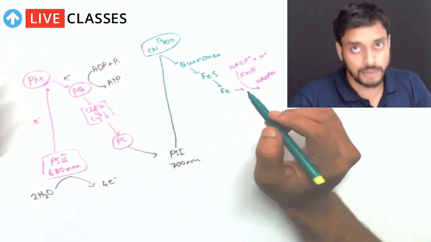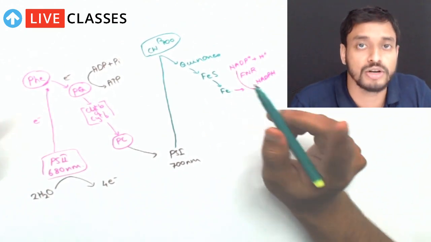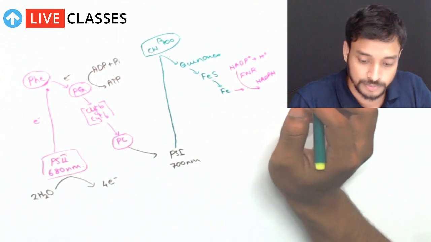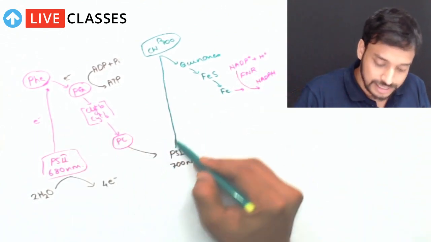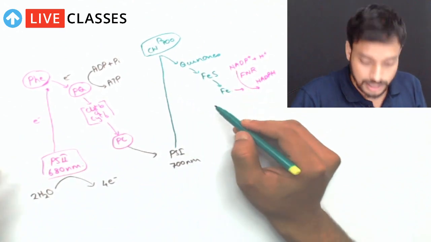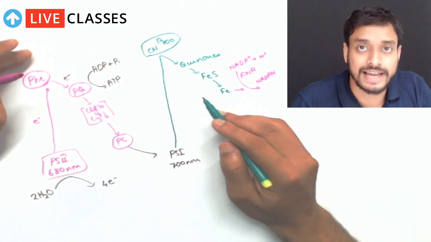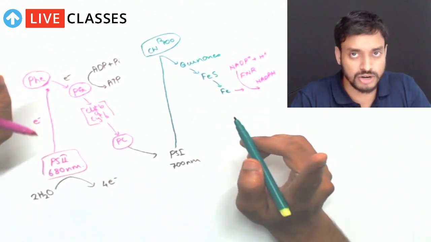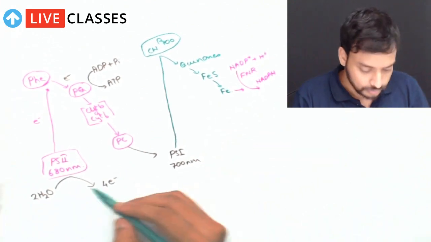Now we will talk about two important processes, cyclic photophosphorylation and non-cyclic photophosphorylation. Correct? If you can understand this sequence, then we can talk about the cyclic and non-cyclic. First, let us talk about non-cyclic, because you have already discussed it.